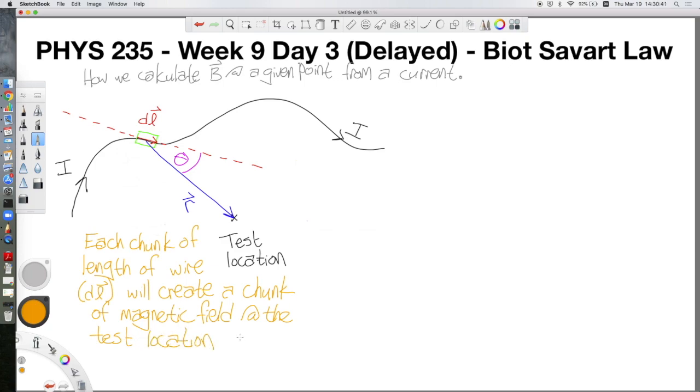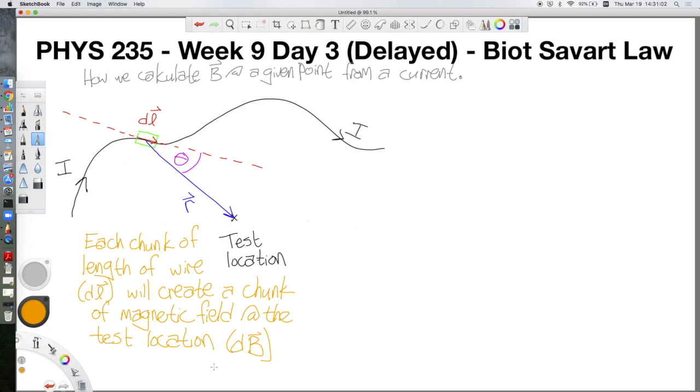And this chunk of magnetic field, similar to the naming conventions we've given before, is going to be dB. Again, d here standing for a small little chunk of the total. So a small little chunk of the total length is dl. A small little chunk of the total magnetic field is dB.